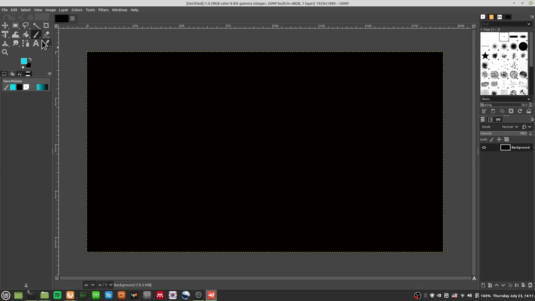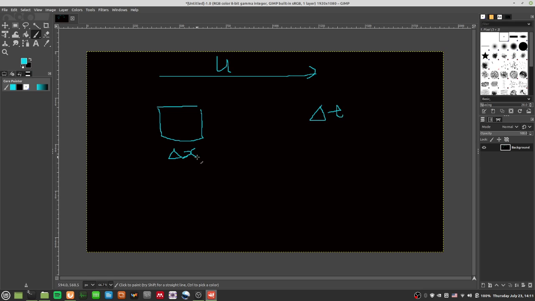Let's say you have a square cell like that, and you have some velocity u, your time step is delta t, and the cell width is delta x. The Courant number, or Courant-Friedrichs-Lewy CFL number, is named after three famous engineer scientists.